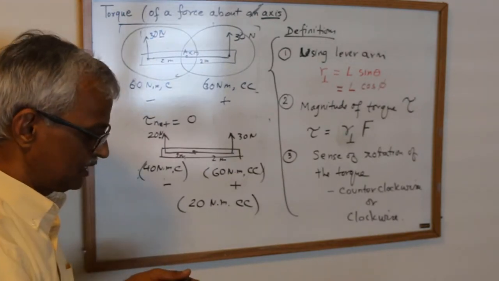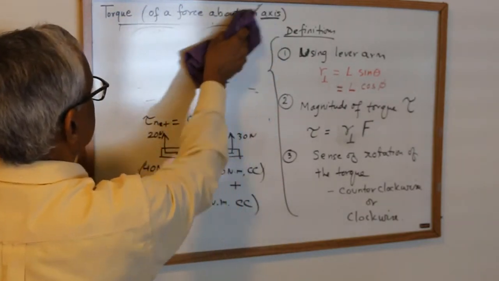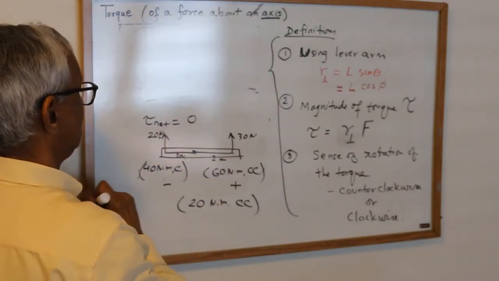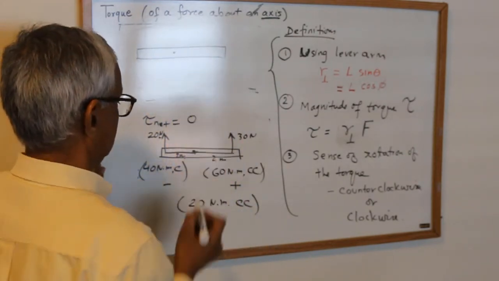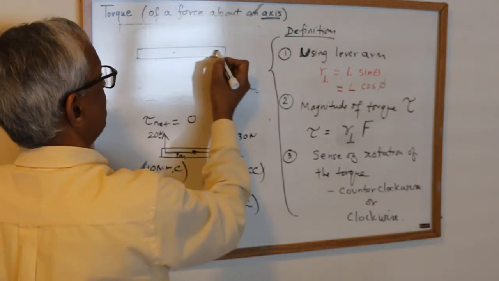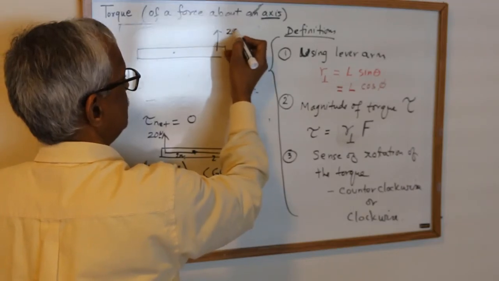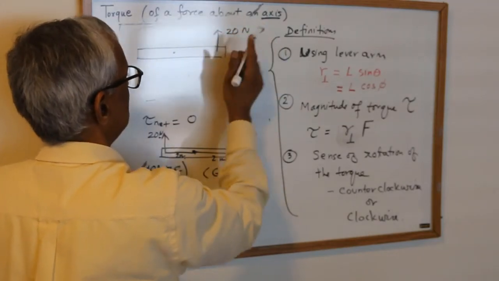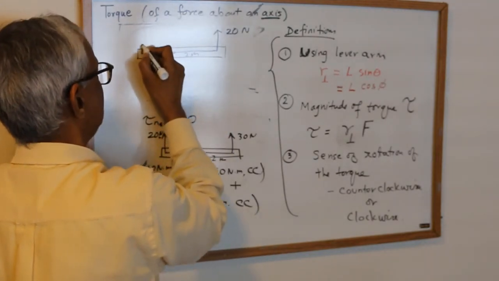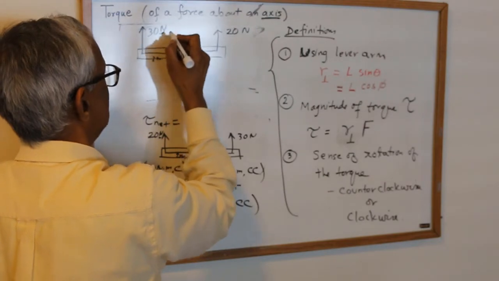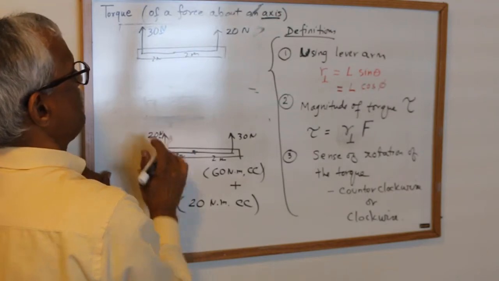Okay, one more example will not hurt along the same lines, and let's work it out. Here I've got 20 Newton, and this is 2 meters, and this again 2 meters, again 90 degrees, but this is 30 Newton this way. So this is exactly the complement of the previous situation.